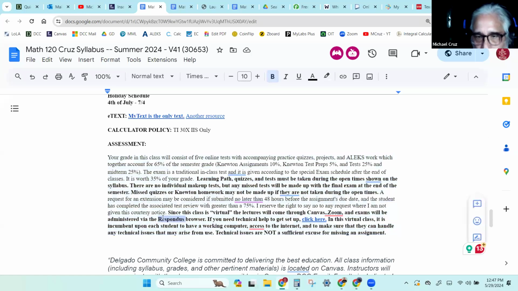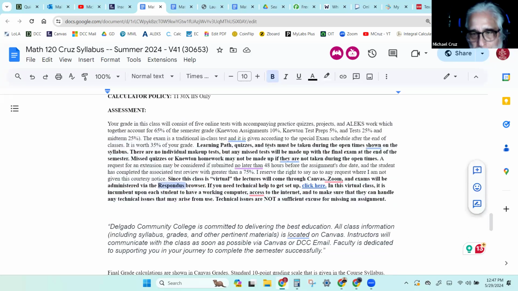So, I also have to figure out the responders for this class, how that works. But the first class will be just a Zoom. The first test will be just a Zoom test. It looks like everybody in here is all nice and functioning. So that's one of the prerequisites: the technical issues are yours because you're using your own computer. And I don't say that lightly, because I've got this office set up, and if I had to have somebody from Delgado come over and deal with it every time I have an issue, I would never be ready to go.